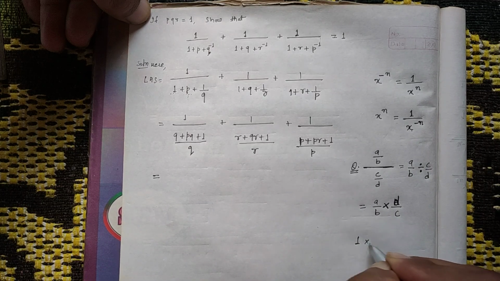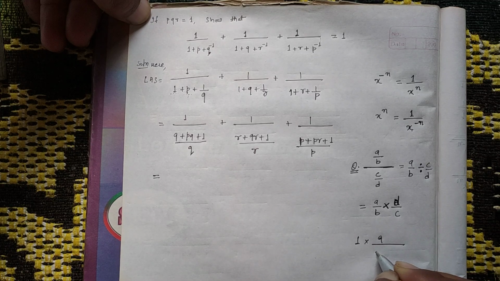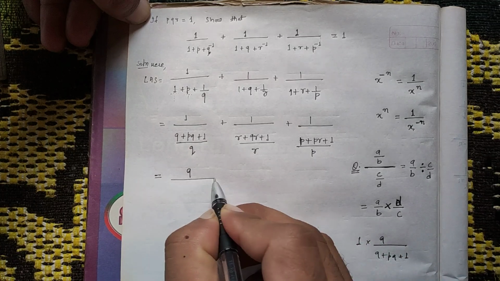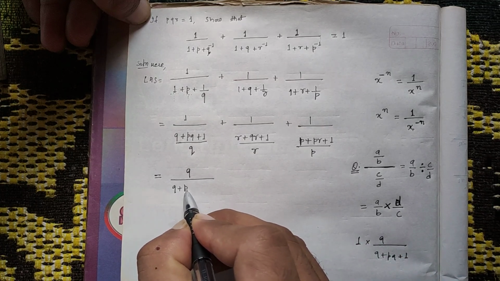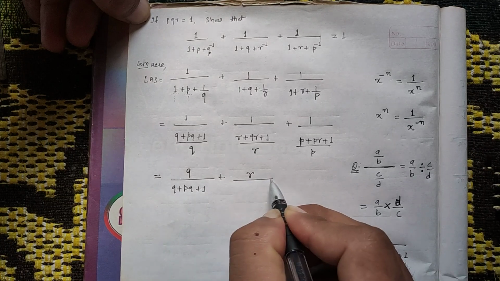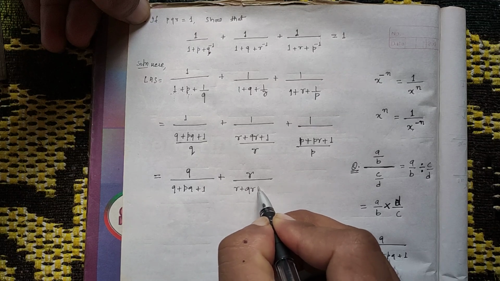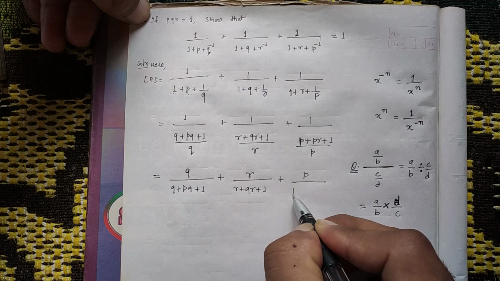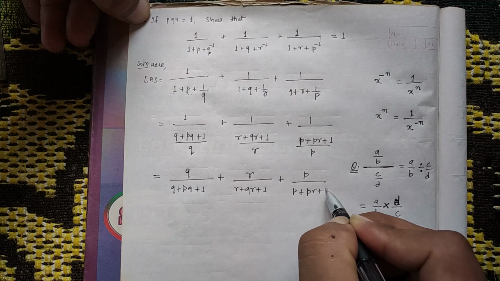So it becomes 1 into q upon q plus pq plus 1. So 1 times q is q upon q plus pq plus 1, plus r upon r plus qr plus 1, plus p upon p plus pr plus 1.